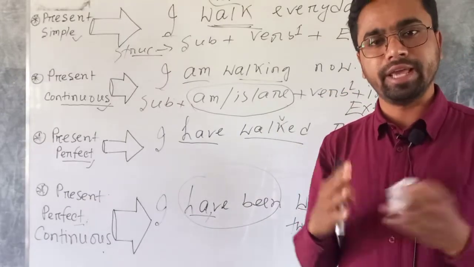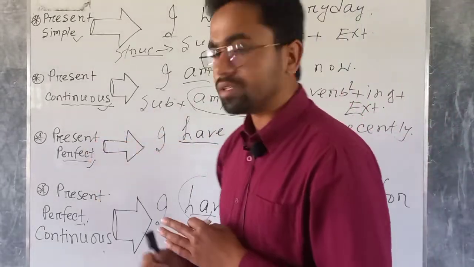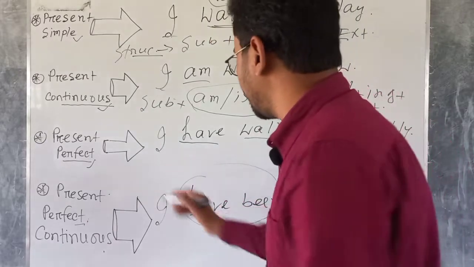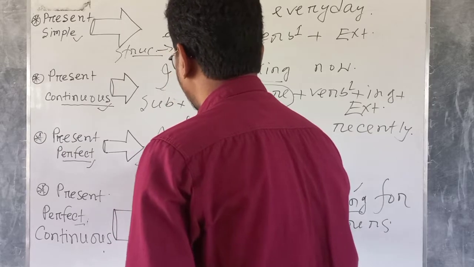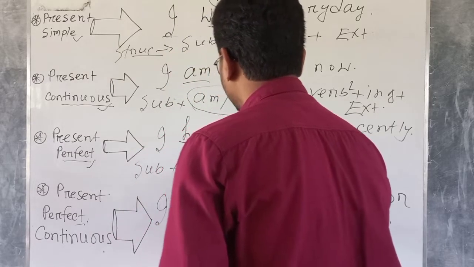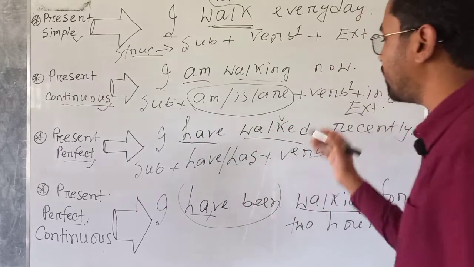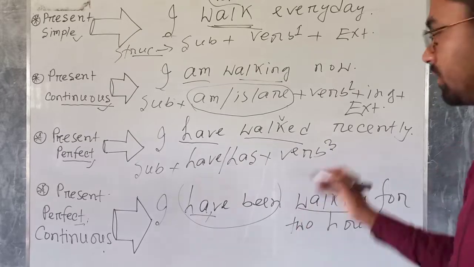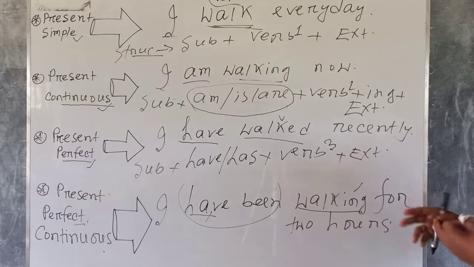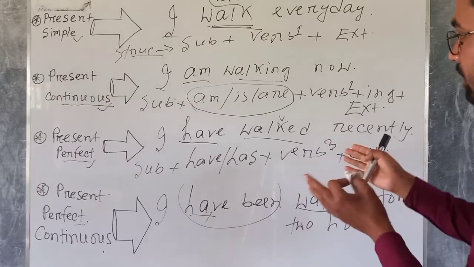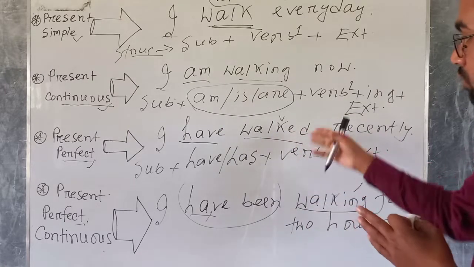Look at the sentence and also the structure, and there is a similarity, and I have written it to make you understand clearly and easily. Okay, the next tense, this is present perfect. In this sentence I have mentioned subject again and have or has, and also I have put a verb in past participle and then extension. Look at the structure and the sentence also, and look at the similarity between the two lines.